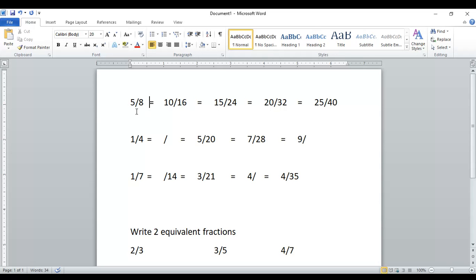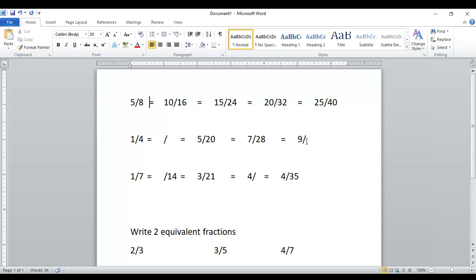So let's look at this next row of fractions. We have 1/4 is equal to, we're not given numerator or denominator here, so we're going to have to think on that. And then we have 5 20ths, 7 28ths, and 9 something, 9 over blank.